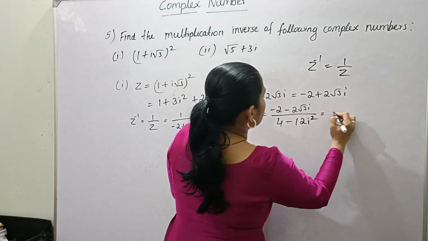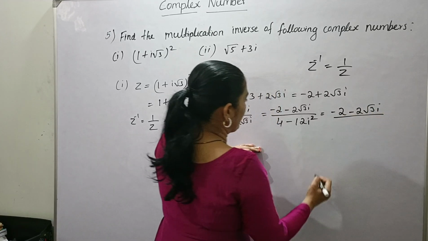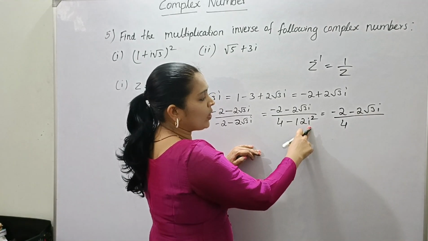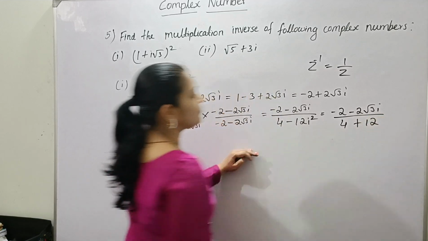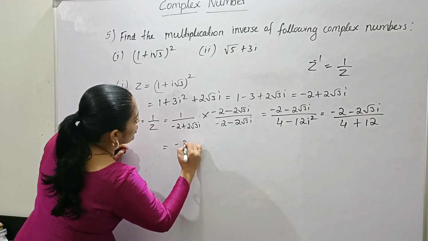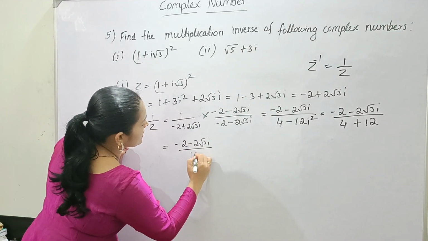Here i square value is minus 1, minus into minus is plus, so 4 plus 12, that is 16.